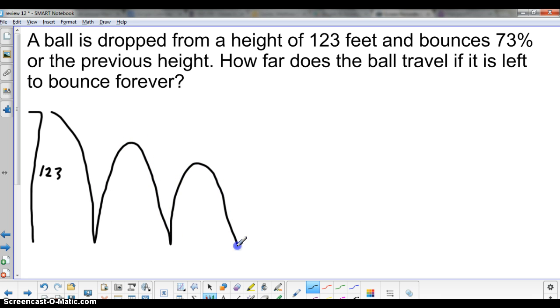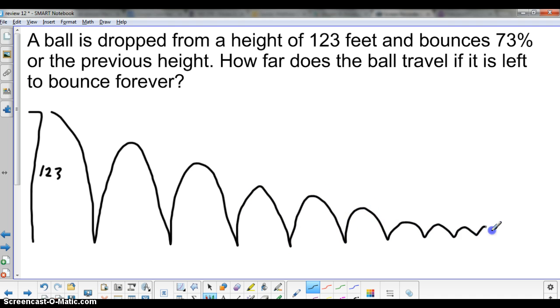Okay? And again, this won't bounce out like this. It technically is just bouncing straight up and down, but in order to illustrate this, I'm going to just draw it out. And so eventually it will stop bouncing, or it will bounce so small that it's really negligible. Right? But we want to try to sum these up, and it's technically infinite, even though we will say that the ball is not going to bounce forever.